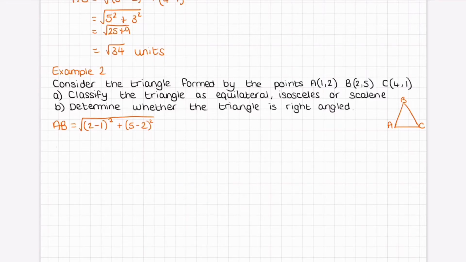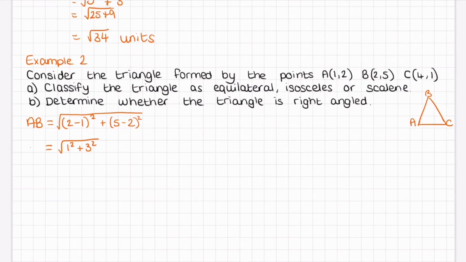So we could have done 1 minus 2 and 2 minus 5. We'd still get the same answer if we'd made the B point the 1s and the A point the 2s. So if we work this out, 2 minus 1 will be 1 squared, 5 minus 2 is going to be plus 3 squared, which is going to be 1 squared plus 3 squared, the square root of 10. And that's the length of AB.